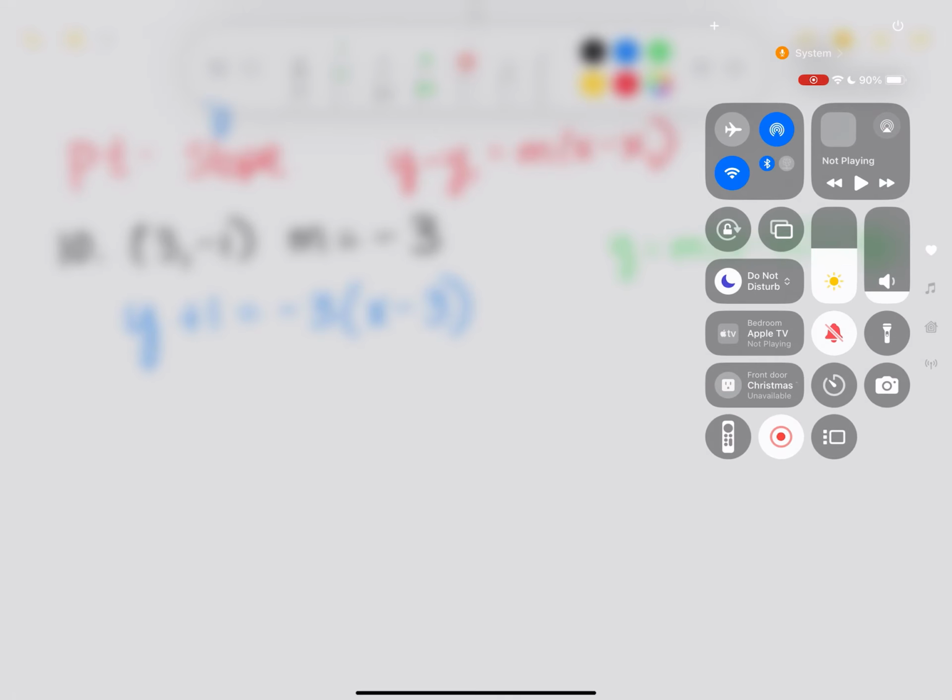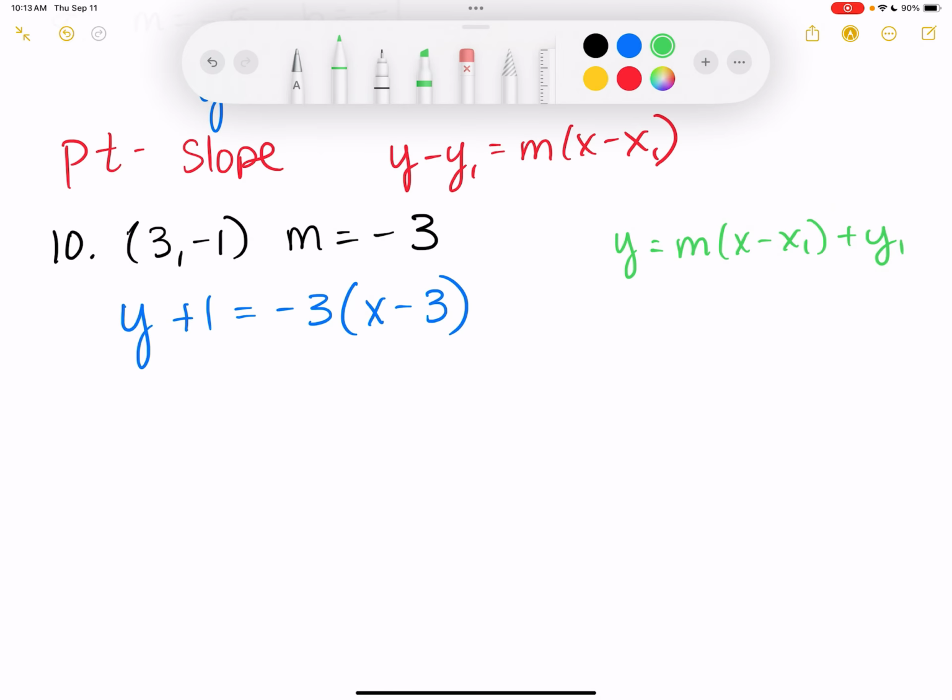So if you moved this 1 over to this side, that would still be considered point-slope form, but this is overall the formula that I'm going to use to write it. But I'm just letting you know if you moved the 1 over, it would still be fine. But this is the answer that I would be using. I'm just giving you a heads up because next year when you see it written in the other form, you're going to be like, oh, what?